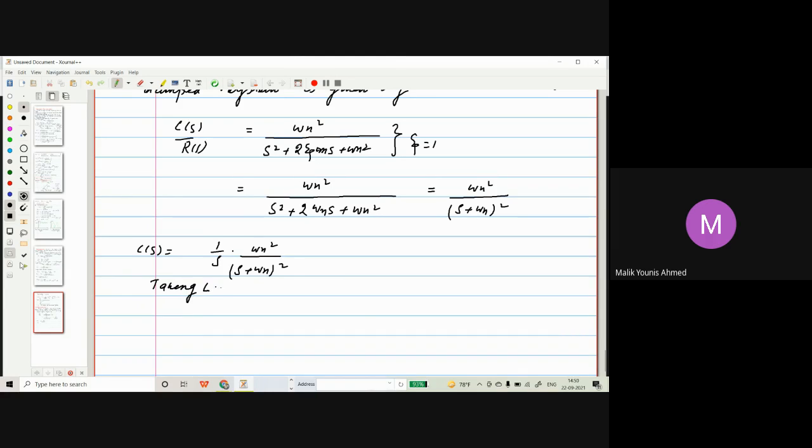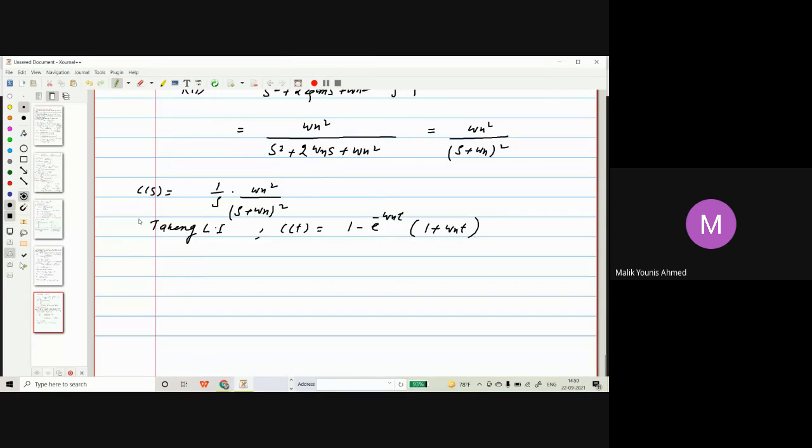The response in the time domain will be 1 minus e raised to power minus omega n t times 1 plus omega n t.